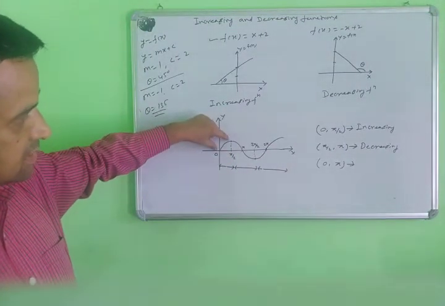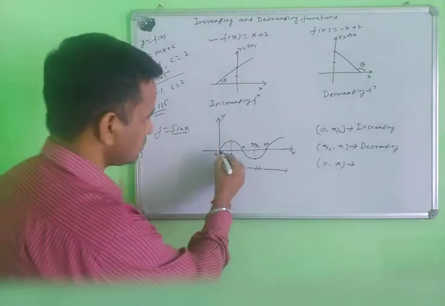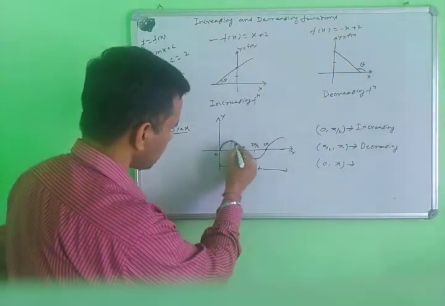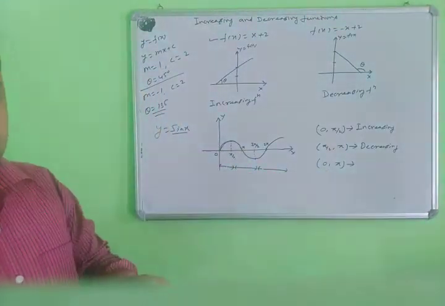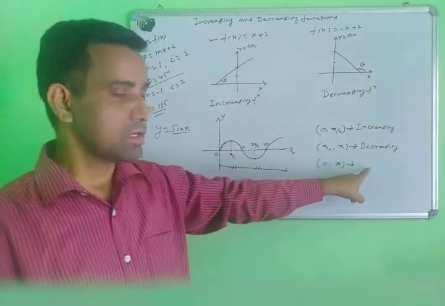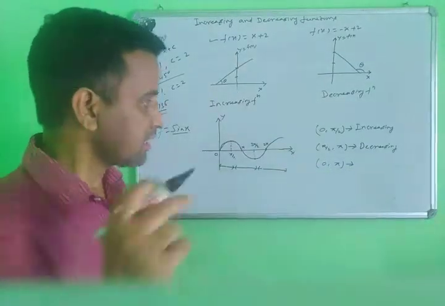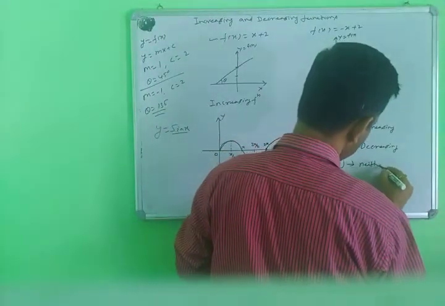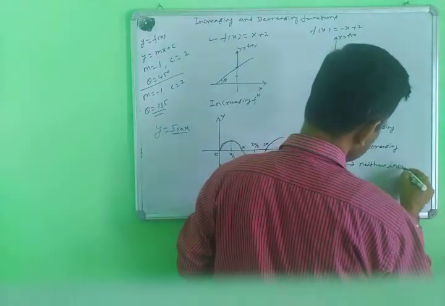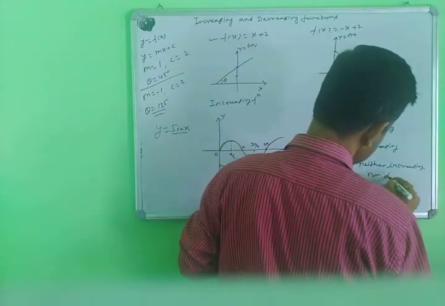The function is increasing in one part and decreasing in the other, but for the complete interval 0 to pi, don't write increasing and decreasing. You will write: neither increasing nor decreasing.